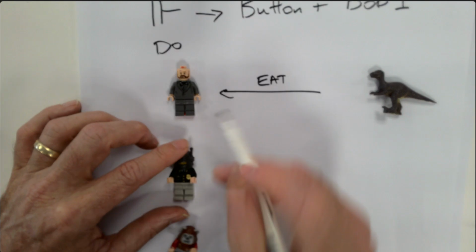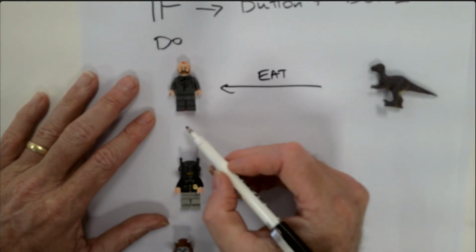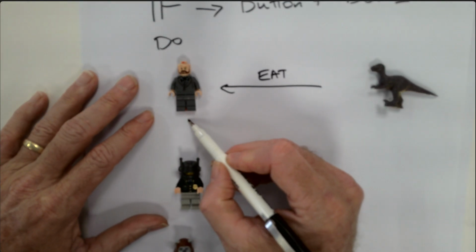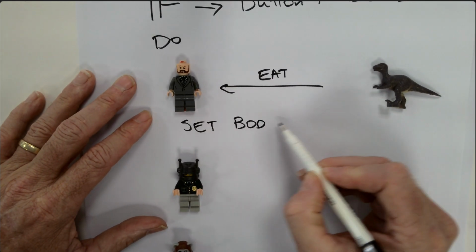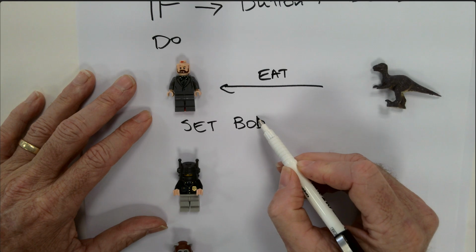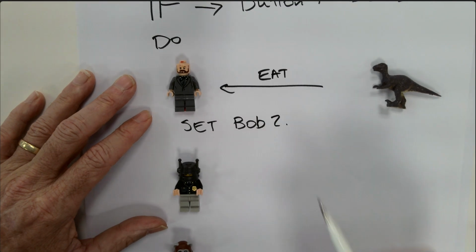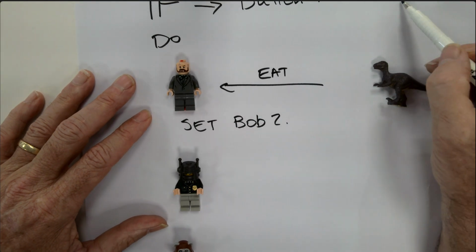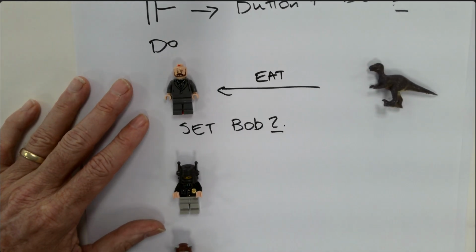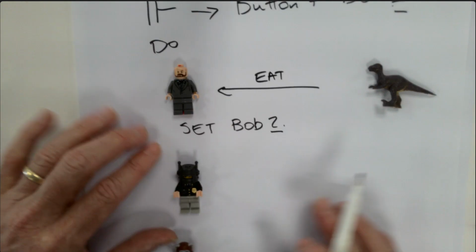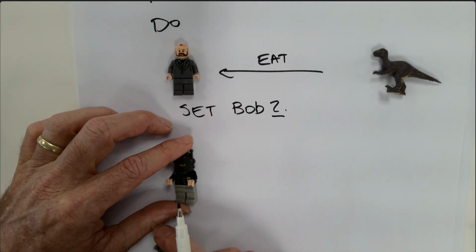And at the end, I'm going to set Bob to 2. So I take out the number 1 and put number 2 into that envelope called Bob.